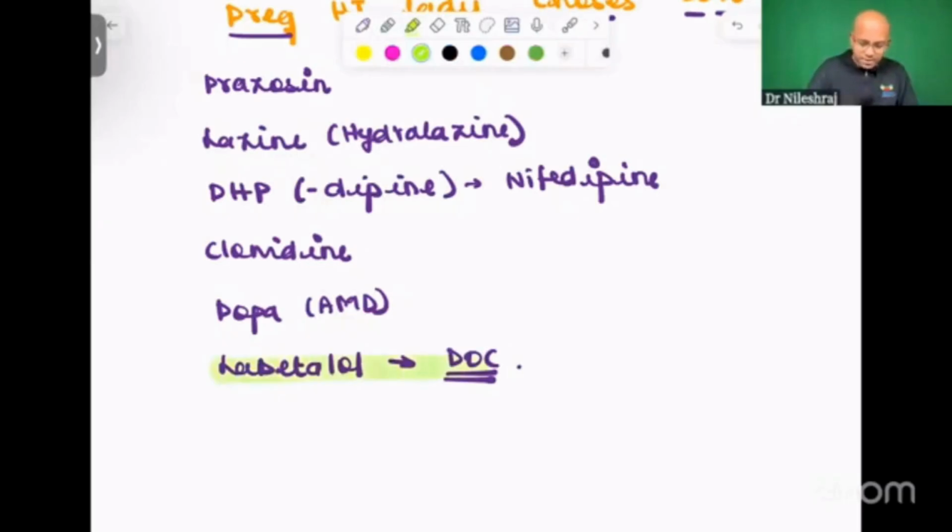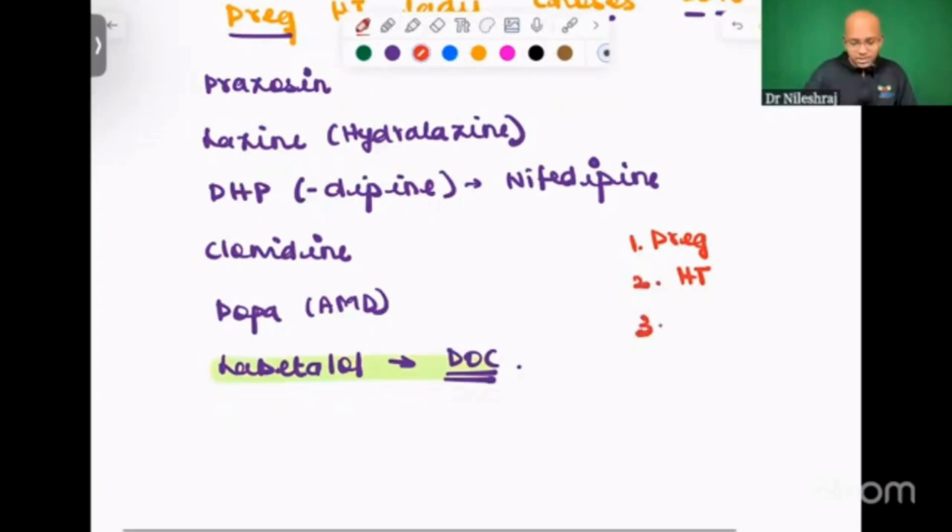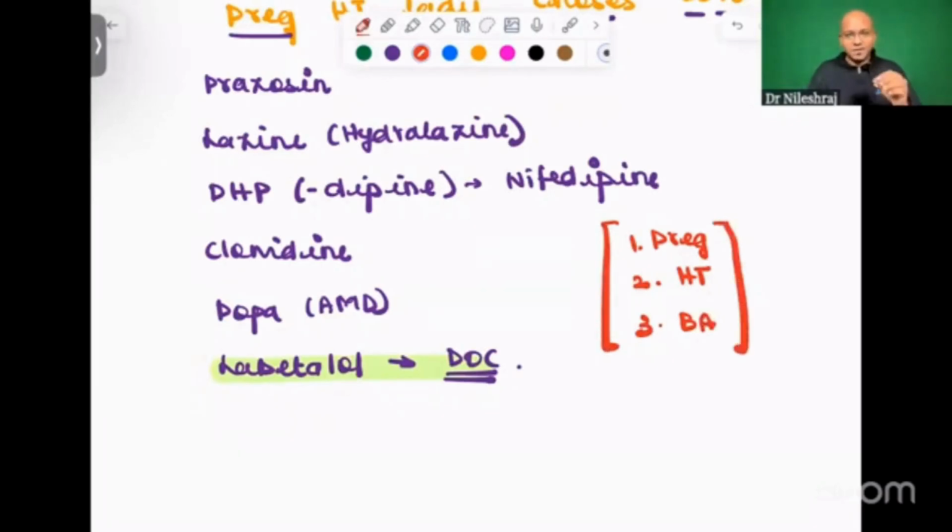But if a patient is suffering from hypertension in pregnancy, then we can go with labetalol. But if the same patient is also suffering from bronchial asthma, this is the most important one, guys. The same patient is having multiple comorbidities, a pregnant individual with hypertension with bronchial asthma. यहाँ पर हम लोग labetalol नहीं दे सकते हैं क्योंकि ये बीटा ब्लॉकर और अल्फा ब्लॉकर भी होगा.